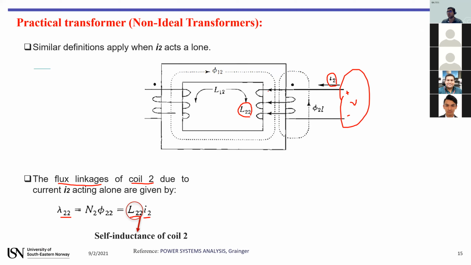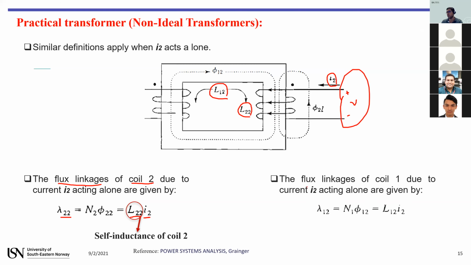However, since this current creates flux and this flux passes through the other winding as well, we have another term as well, L12. You can see the flux linkage of coil 1 will be lambda 12, which is L12 times I2.